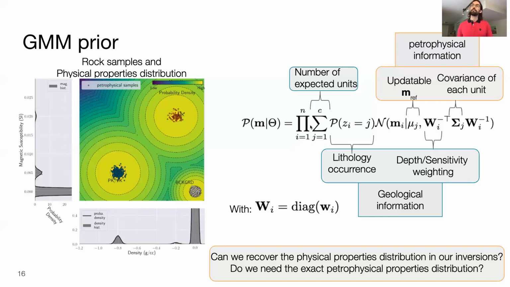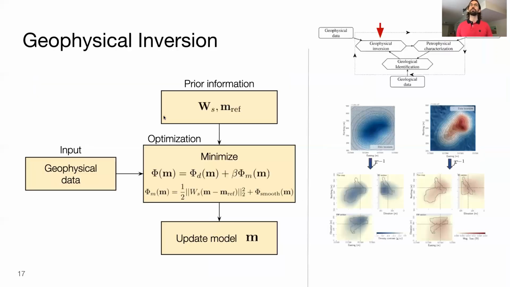Basically, if the units are distinct enough, so if there is not too much overlap between units, I can still approximate that prior with a least squares inversion. That means I can rely on compiled codes that have been written and on all the literature. And so I'm going to show you what the different steps for the inversion are.